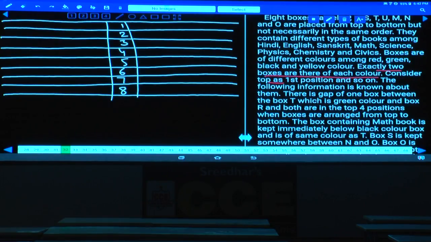What are the parameters here? First we need to find out the box name among P, Q, R, S and so on, and the next one is the subject, and finally the color. Then first position and so on, the following information is known about them.